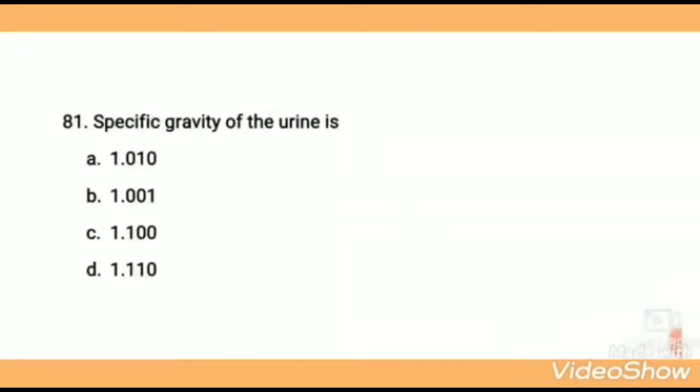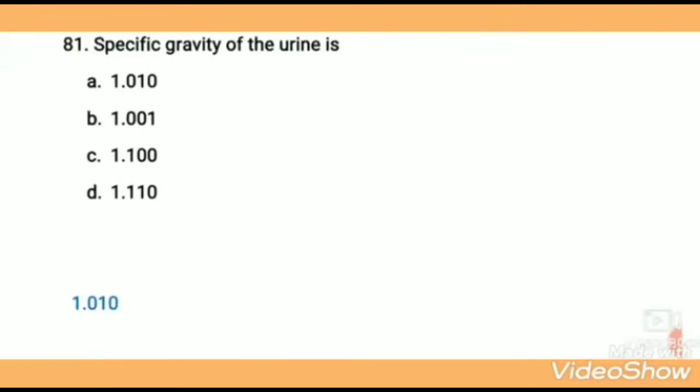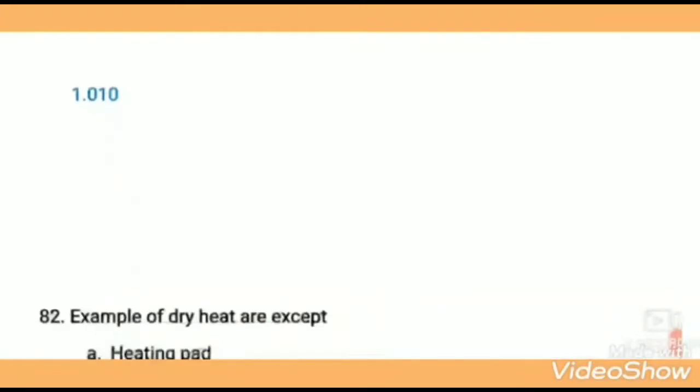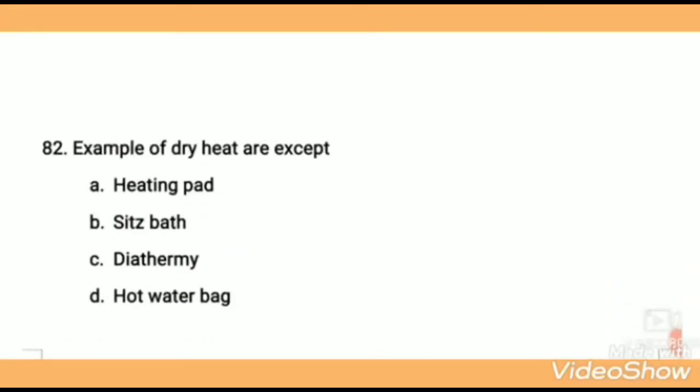Specific gravity of the urine is A. 1.010, B. 1.001, C. 1.100, or D. 1.110. So, the correct answer, specific gravity of the urine is 1.010. Next question. Examples of dry heat are, except, heating pad, sitz bath, diathermy, or hot water bag.